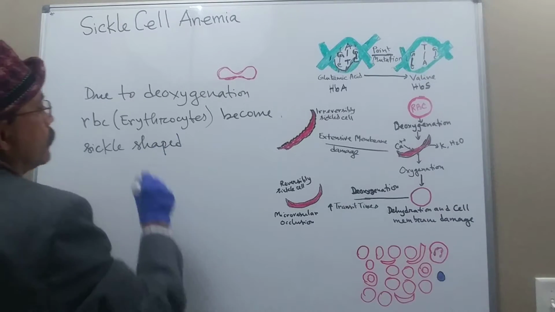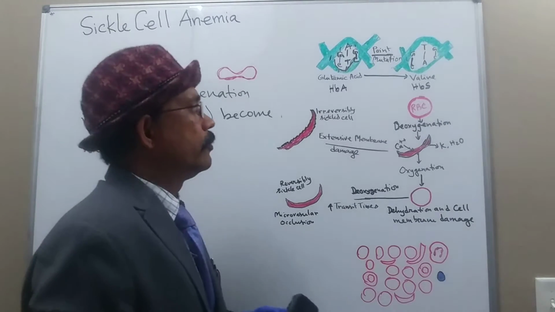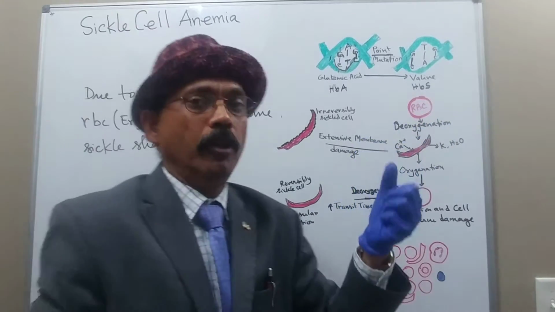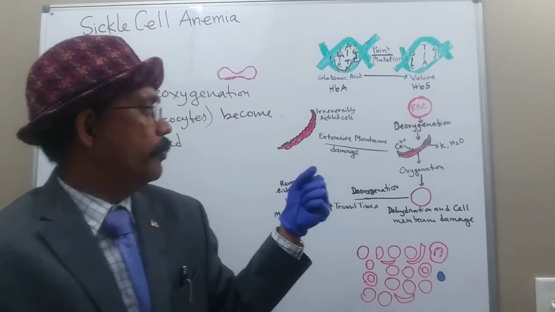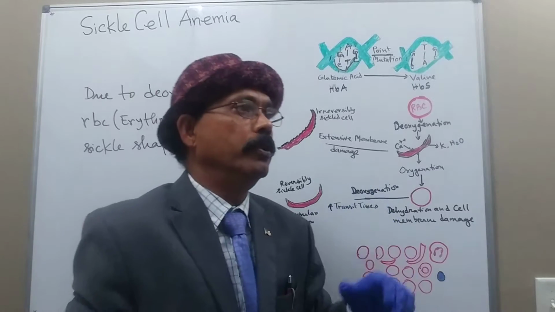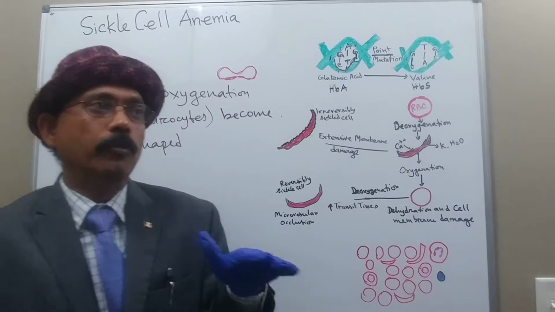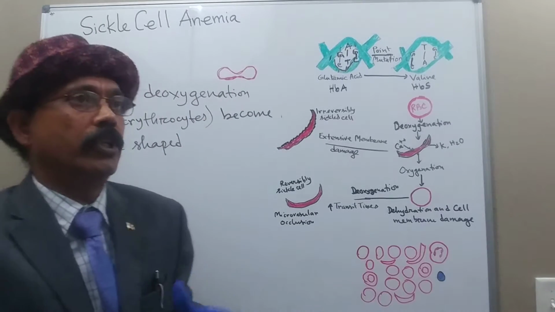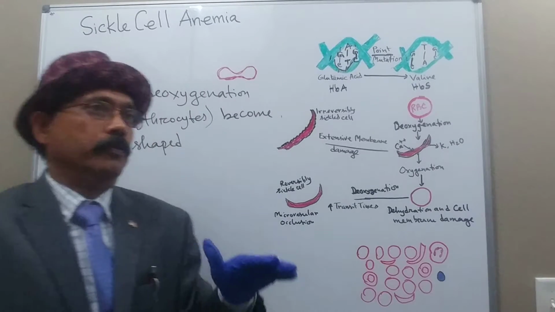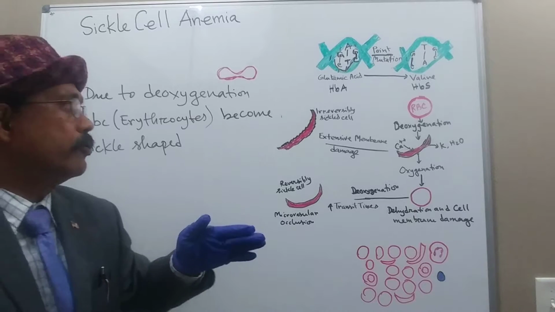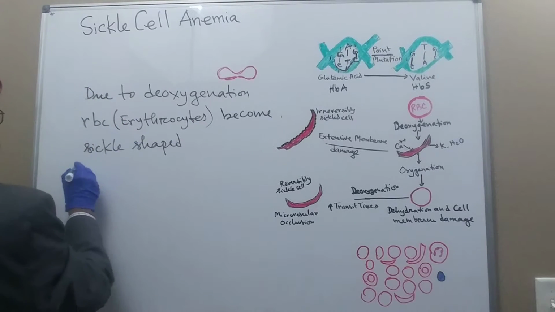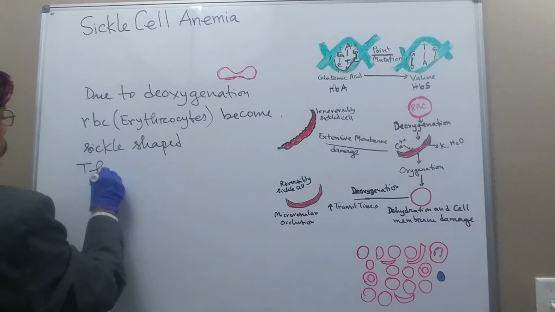Why sickle shaped? Due to deoxygenation, there will be polymerization of the hemoglobin. Hemoglobin is no more a free floating liquid. It becomes a viscous gel, and there will be distortion of the RBC.